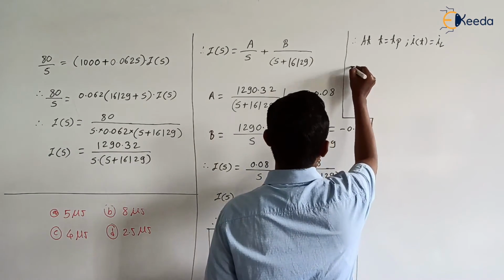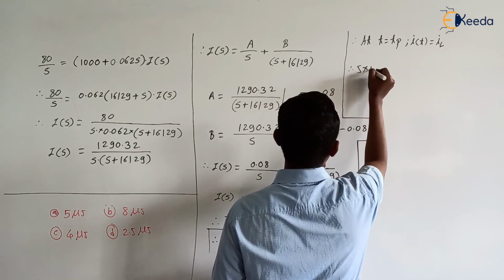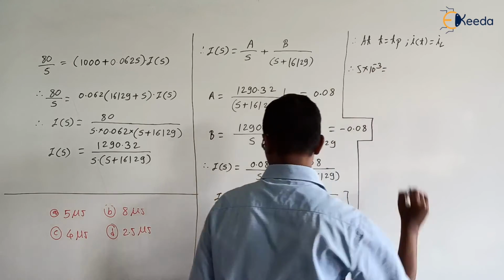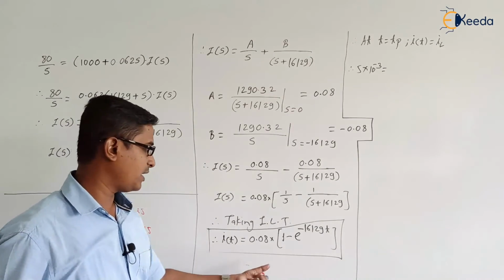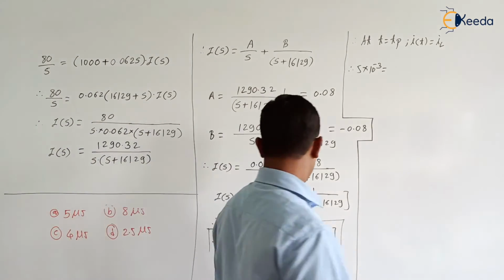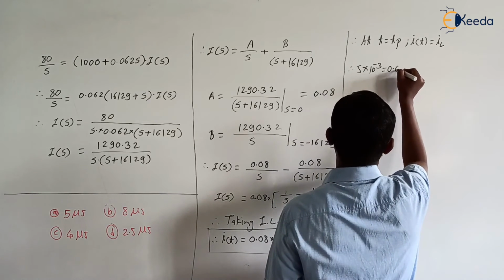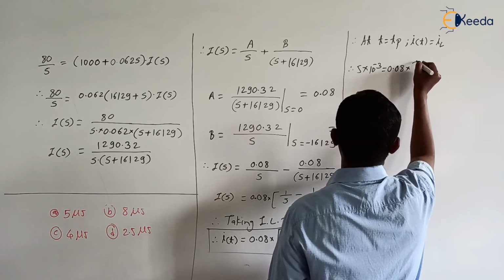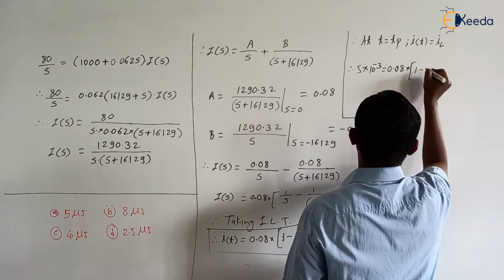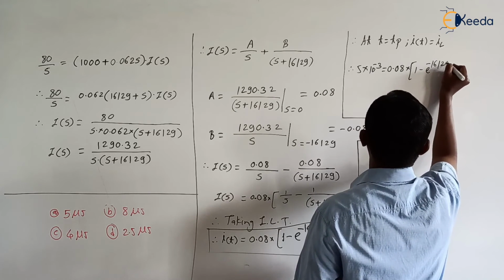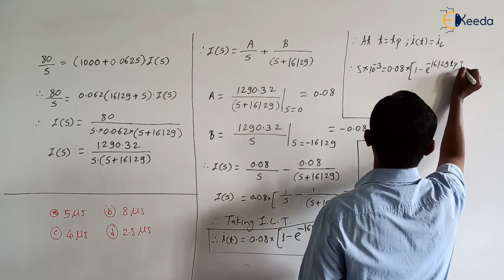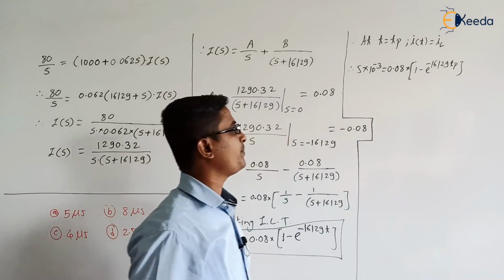So we can write 5 into 10 to the power minus 3. I am putting here at t is equal to Tp, I of t is 5 milliampere, and replace this t with Tp. So it is 0.08 into 1 minus e to the power minus 16129 into Tp.